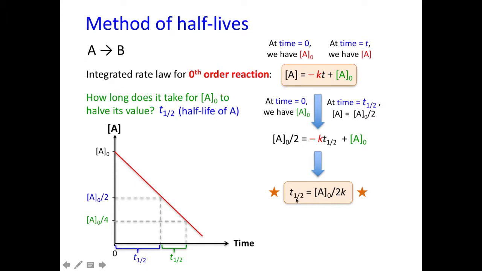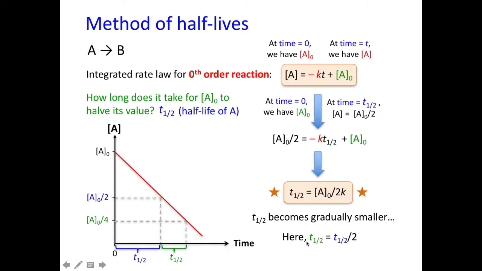So t half keeps decreasing just because the initial concentration at every new point keeps decreasing. The concentration of the reagent always decreases upon time. So t half becomes gradually smaller, as we can see graphically here, and we can also see from this equation.